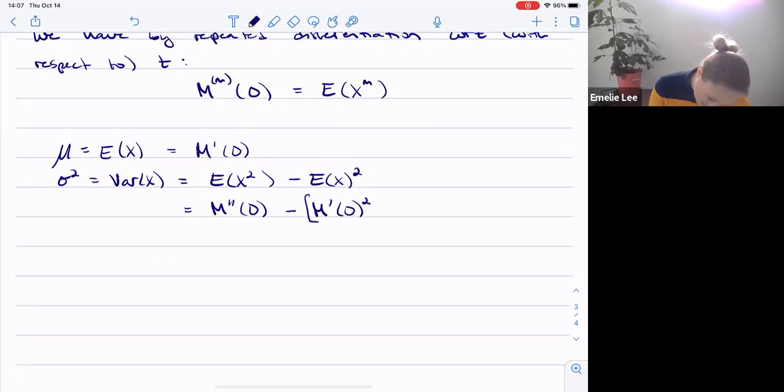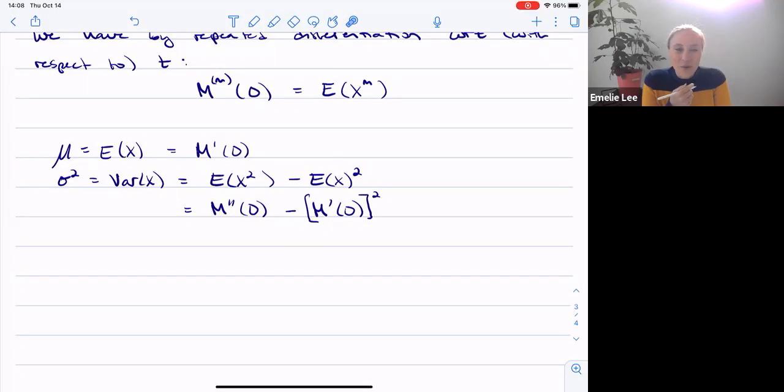To emphasize that the square is on the outside, I'm going to wrap the first derivative of the moment generating function at 0 in a square. Notice we can find a lot of information just by taking derivatives of the moment generating function and evaluating at 0.